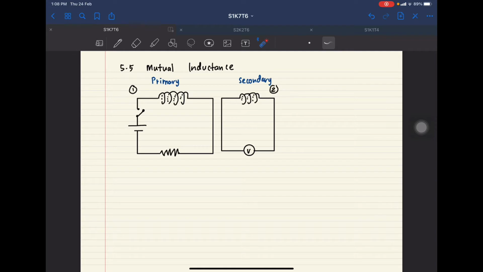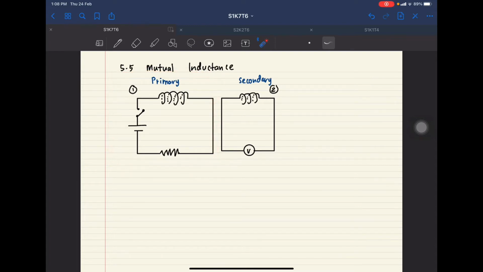But you can see that if there's a change in current over here, it will start to induce current flow over there. Even though this one doesn't have any power supply, you can see some readings in the voltmeter. So how does that happen? We are going back to our primary circuit first.